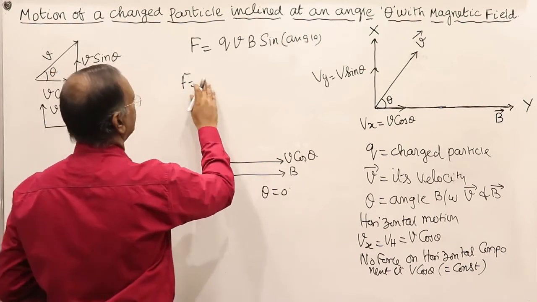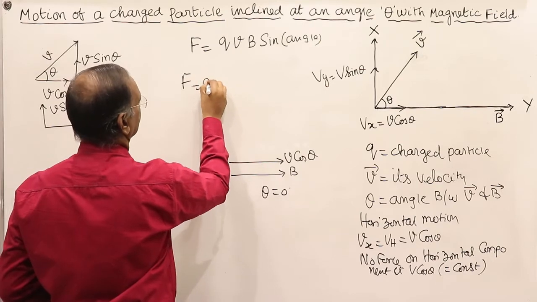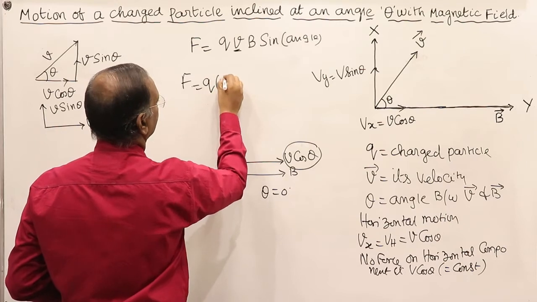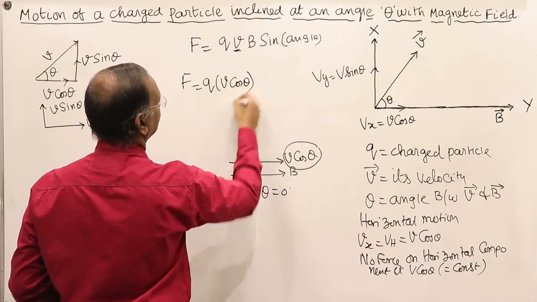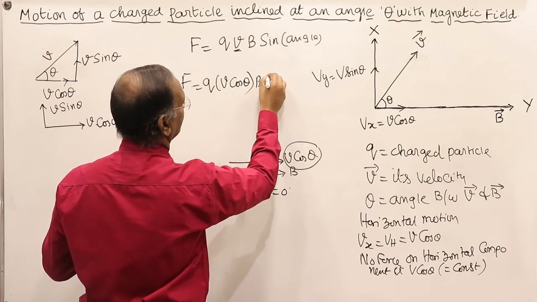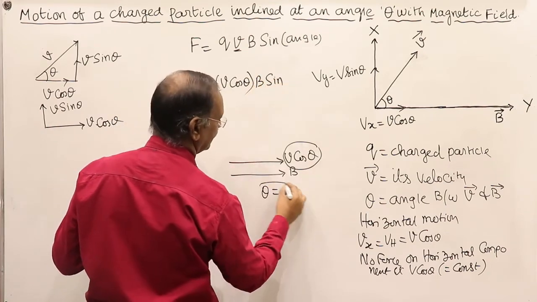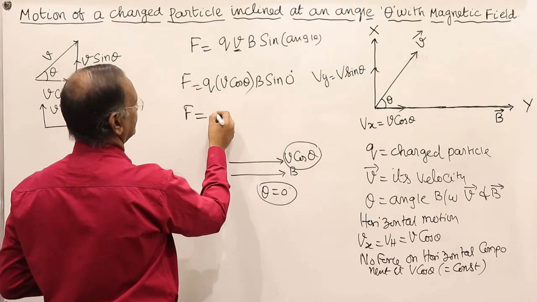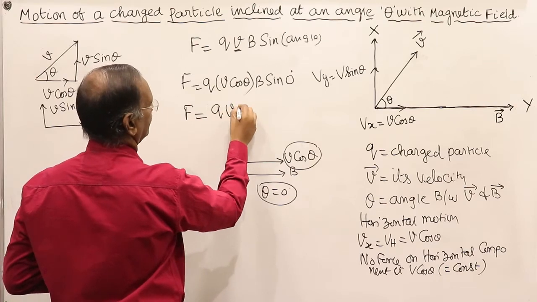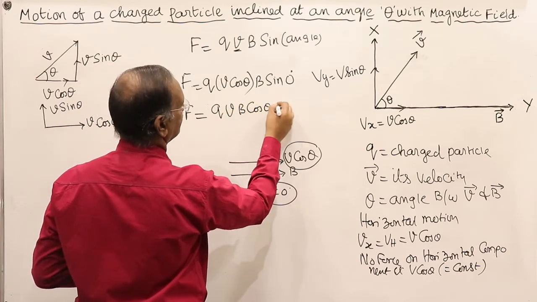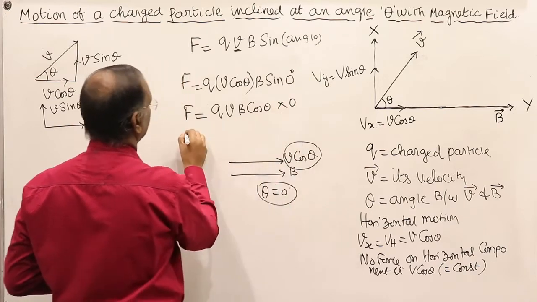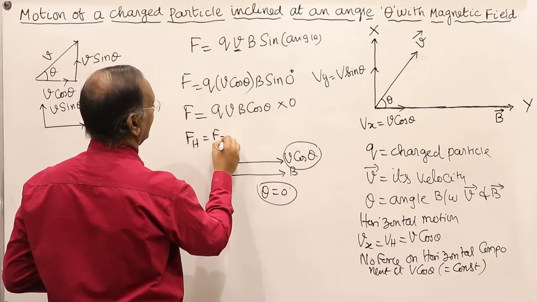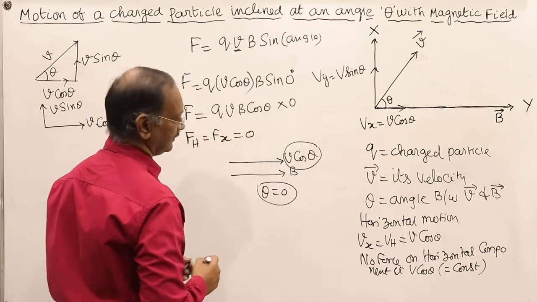So the magnetic force is equal to charge into the velocity part v cos theta into magnetic field B into sine of 0 degree, that is QvB cos theta into sine of 0 degree, which is equal to 0. So the magnetic force in the horizontal direction, the x direction, is equal to 0.